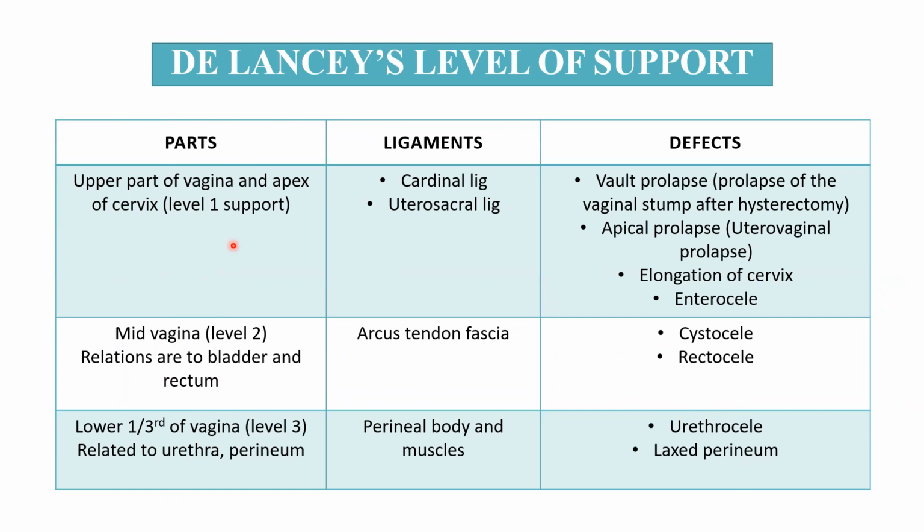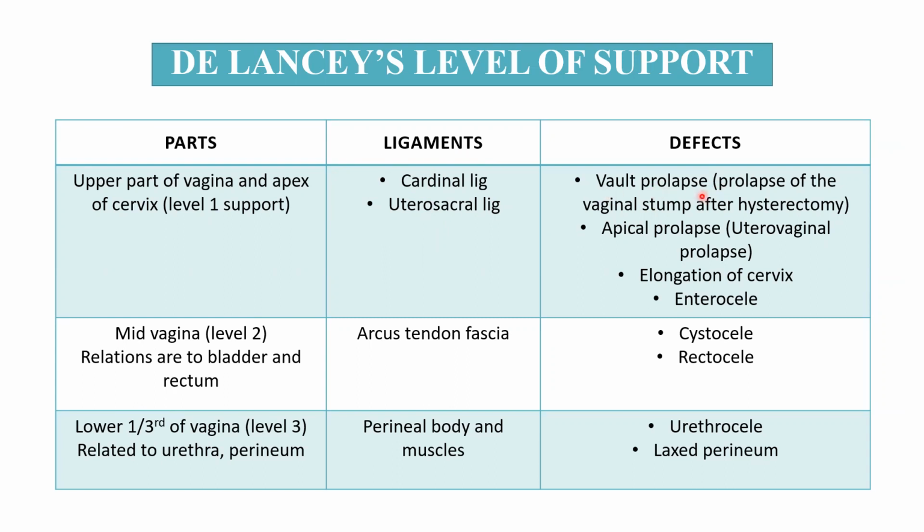Now, let us see what happens here. The ligaments attached to this particular part are the cardinal ligament and the uterosacral ligament. If there is any tear, wear, or laxity in these ligaments, the damage results in prolapse.